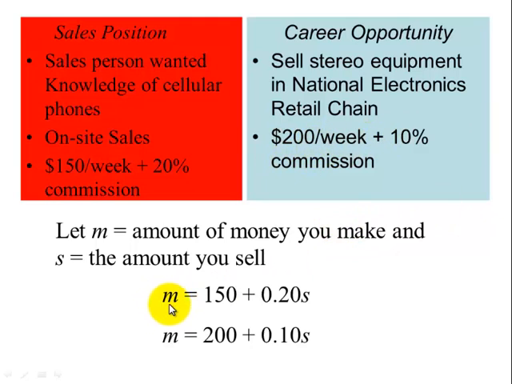So for the cell phone, we have M equals 150 plus 0.20, or 20%, times S, the amount of sales. And for the stereo equipment, we have M equals 200 plus 0.10, which is 10% times S. I'm going to solve this by elimination. I'm going to multiply the second equation by -1, and this will cancel out the M's.